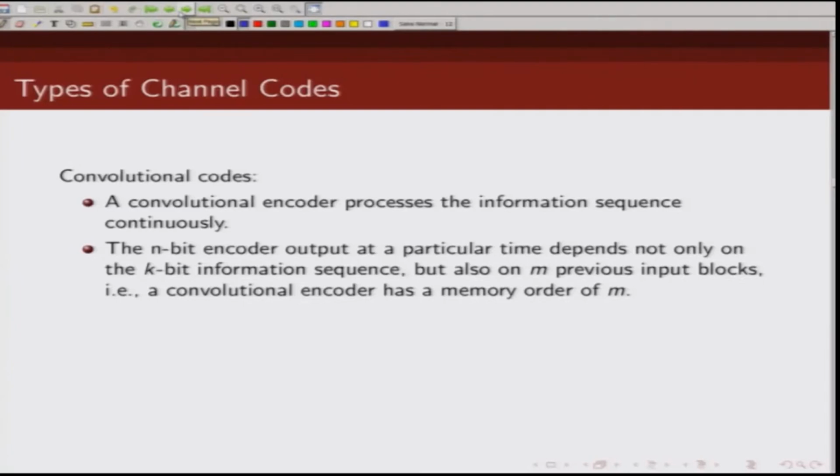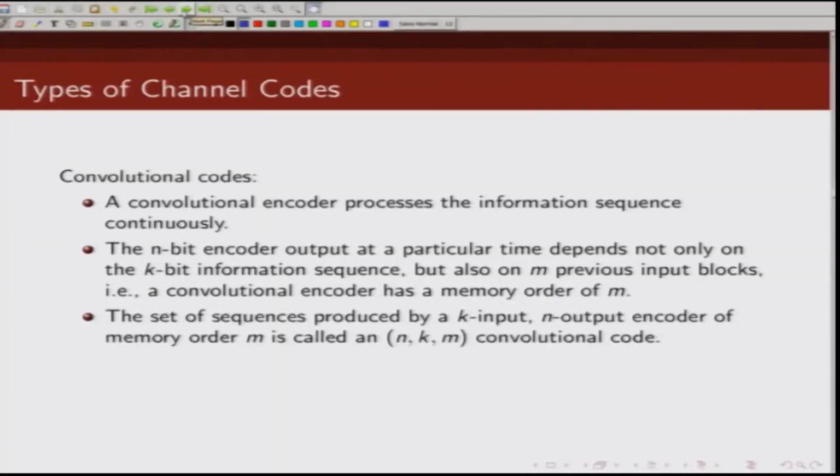So, if we have an n, k convolutional code where k is the number of information bits, n is the number of coded bits, we have another parameter which we are calling memory order, which signifies basically how many past bits, or what is the past information that has been used to generate the current output.